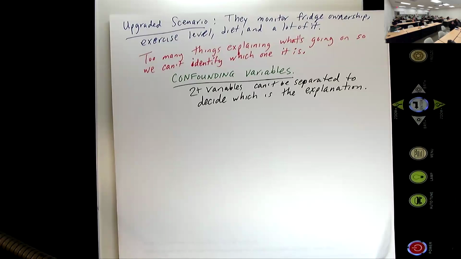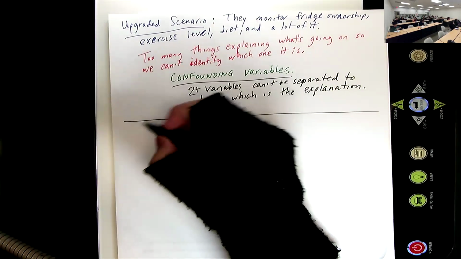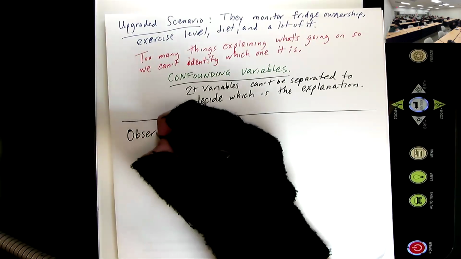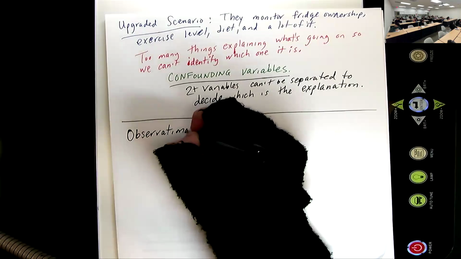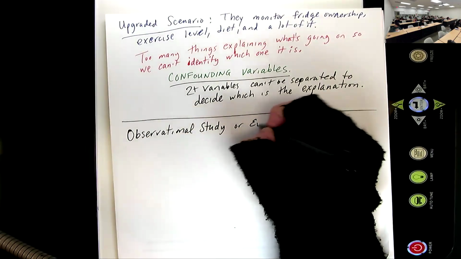Some other stuff to note. We have two major types of study. We can do an observational study. Study is a short word for experiment.